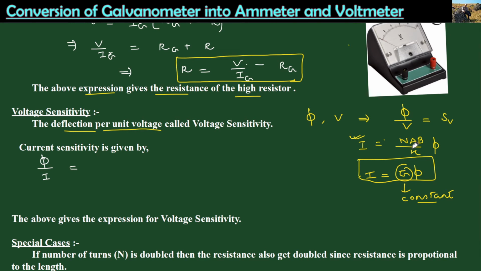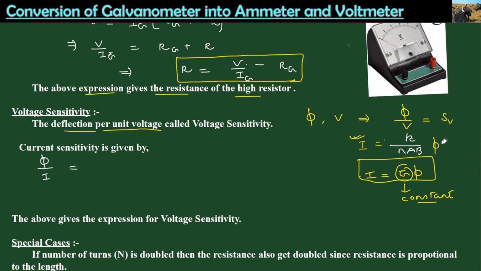It is not NAB divided by K. This will be equal to K divided by NAB. So this is the value of our galvanometer constant.